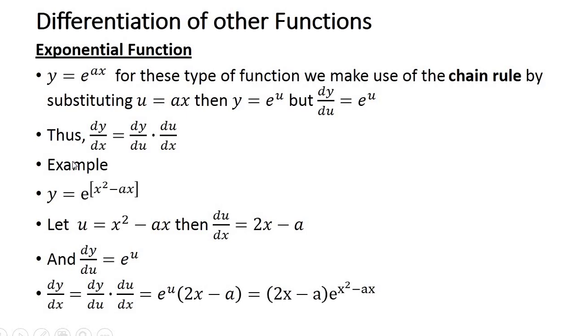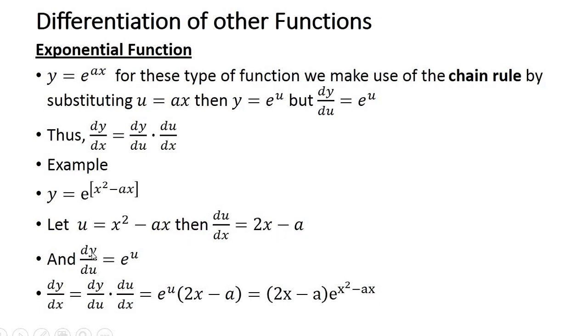Right, so for this example, if you are given y is equal to e to the power x squared minus ax, you want to differentiate this. First thing is you substitute for u in your power there, so your u will be x squared minus ax. If you differentiate your u, you get du/dx, which is 2x minus a.